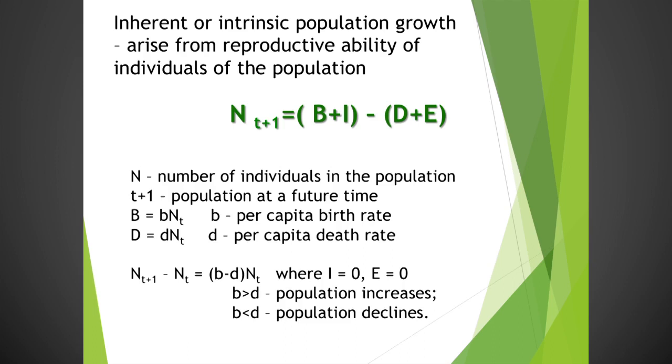So B here is represented by the per capita birth rate, and D is represented by the per capita death rate, such that if B, or the per capita birth rate, is greater than D, we assume that the population is increasing. On the other hand, if B is less than the death rate of the population, we have to expect a population decline.